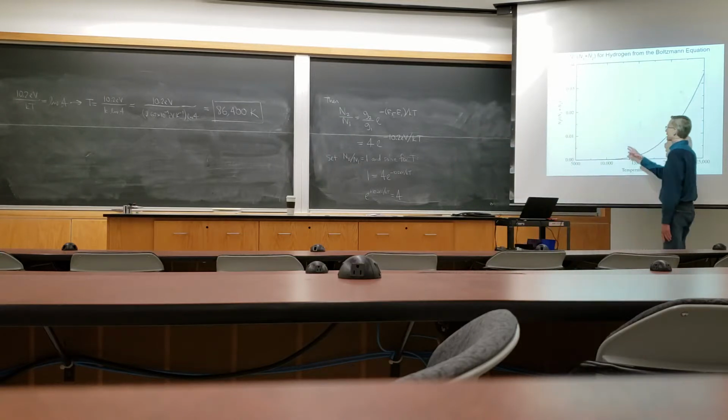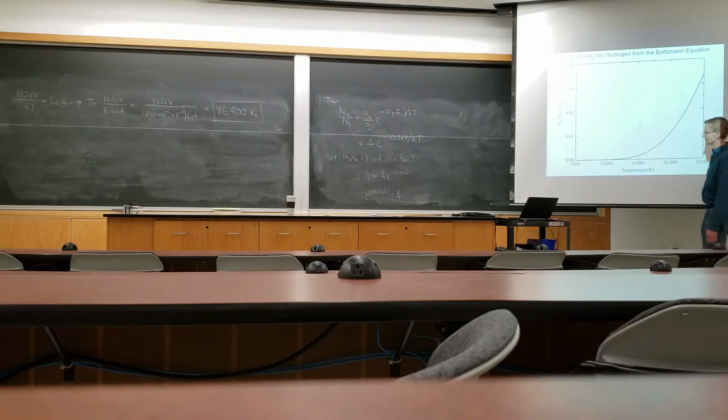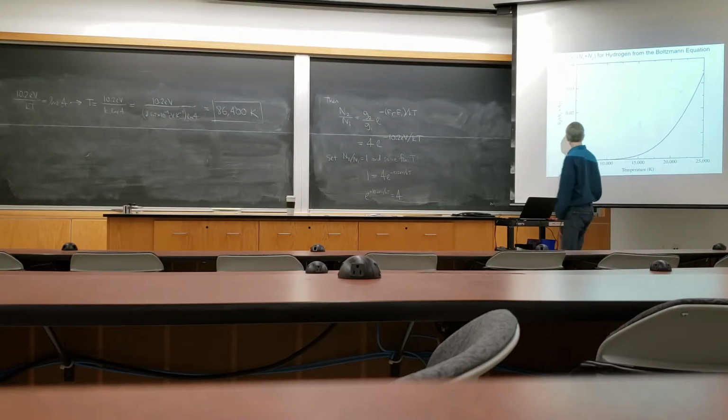So this takes us back to that plot that we were talking about. Notice that's not even on the scale, because in this condition, if N1 and N2 are equal to one another, this would have to be 1/2. And notice at 25,000 Kelvin, we're only up to not even 0.04 yet. So it's way up there somewhere that we finally get to this point, which is why they didn't even bother.